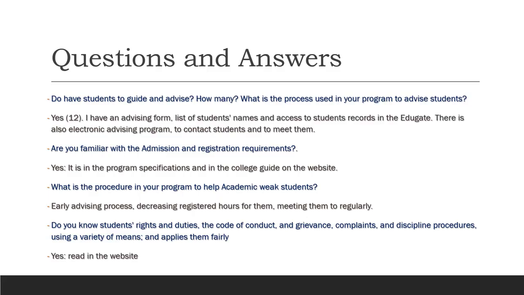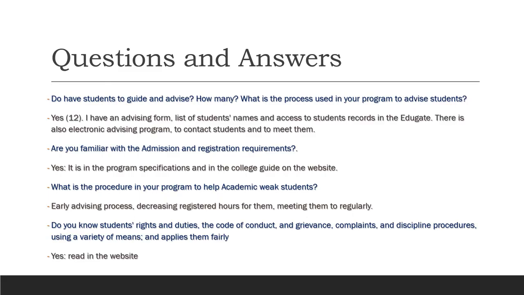Of course, you have access to the students' grades and the student records in the educational gate or edu system. Besides all of this, you have to know the regulations and standards related to the admission, and you should know your curriculum well to manage and give good academic advising.